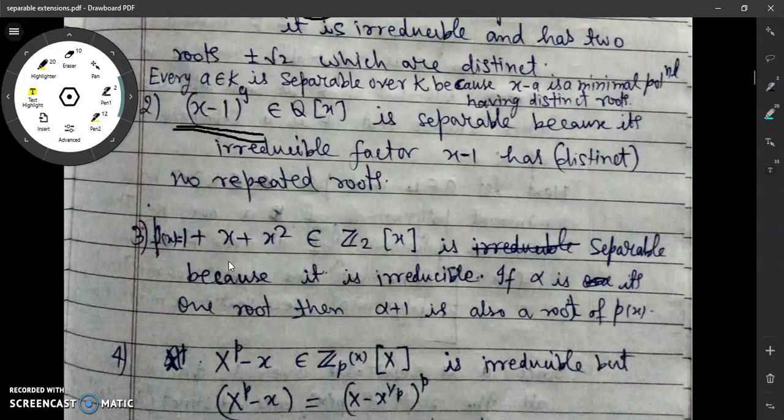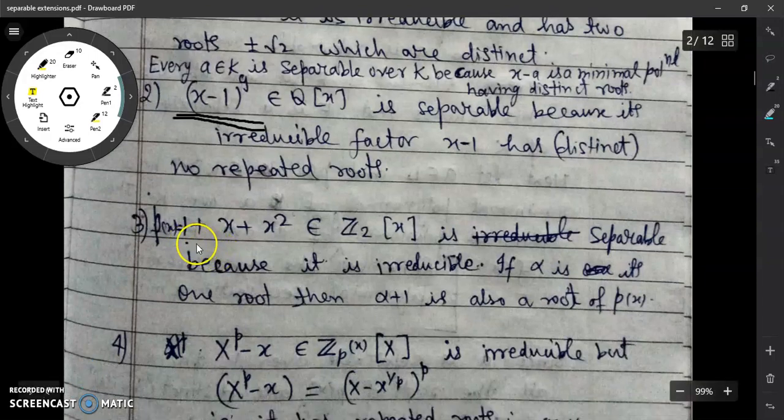Similarly, you may observe that this polynomial is irreducible and it has distinct roots, because if alpha is a root of this polynomial, meaning alpha square plus alpha plus 1 is equal to 0, then if we put x equal to alpha plus 1, it will also become 0.